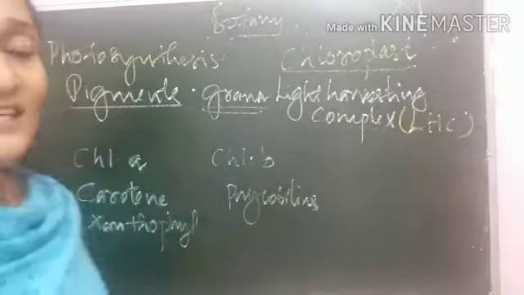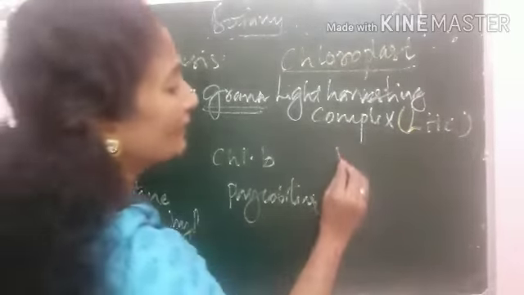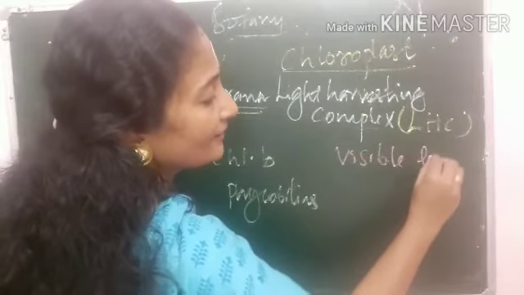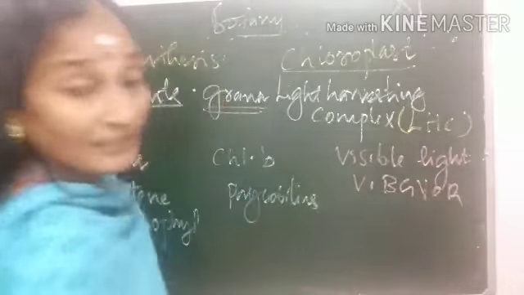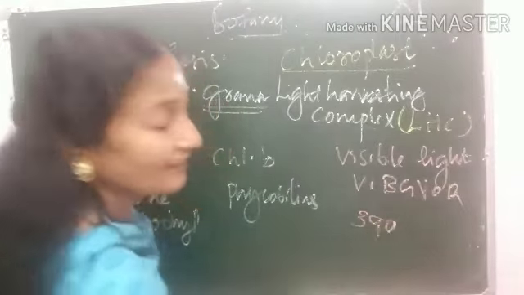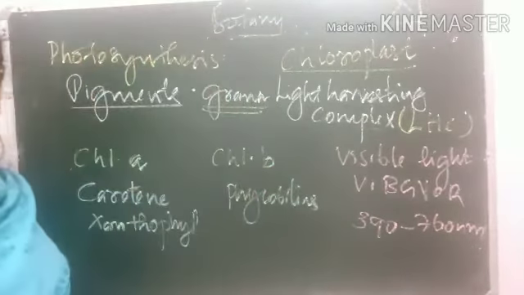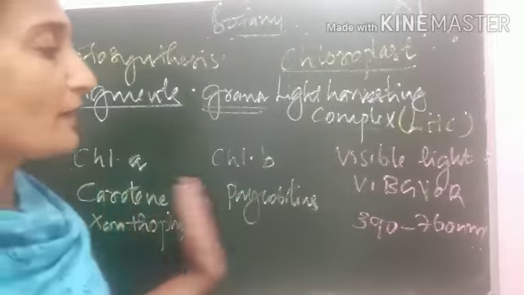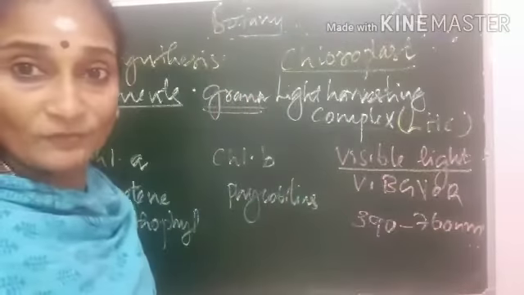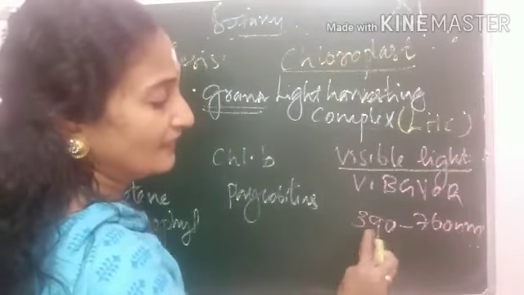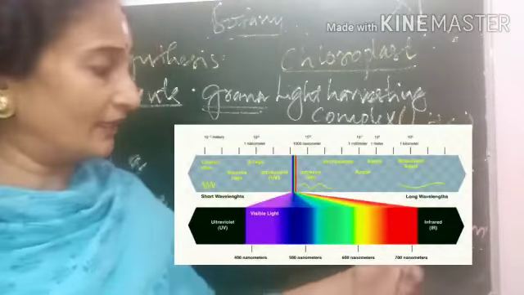These chloroplast pigments absorb visible light, which comes in the wavelength of 390 to 760 nanometer from the electromagnetic spectrum.